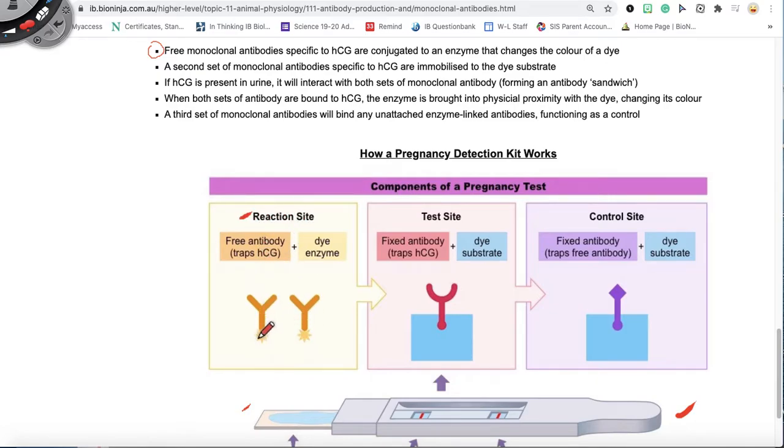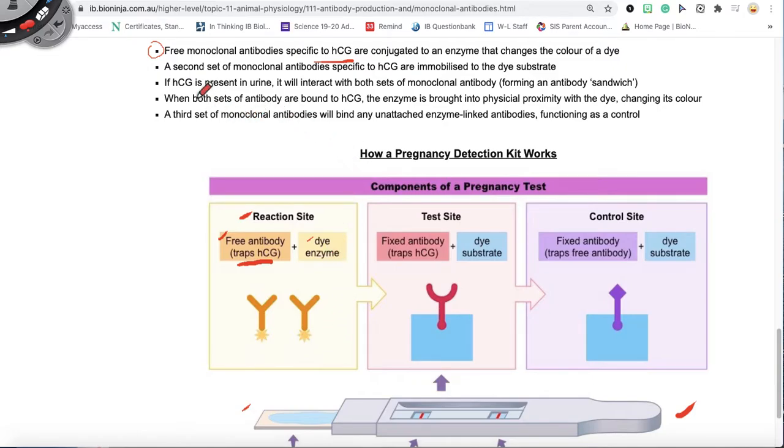In this reaction site, you have these free monoclonal antibodies that are specific to HCG, so they're going to trap HCG and react with this dye. When the monoclonal antibody comes into contact with HCG, the dye is going to change colors.